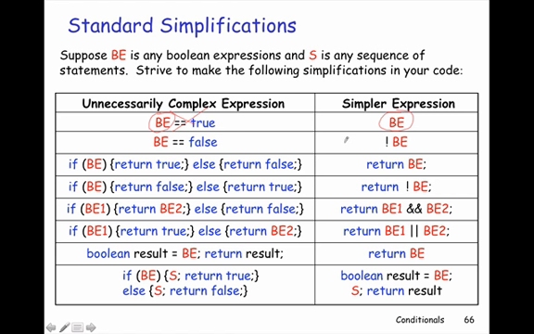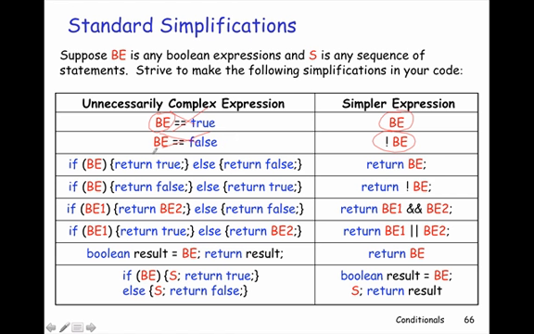Because if Boolean expression is true, then true equals true is true. And if it's false, false equals true is false. And so we could just write the same thing as writing Boolean expression. And similarly, it is never necessary to write Boolean expression and test it for false, because that's the same as saying not Boolean expression. For instance, if Boolean expression is true, true equals false is false. That's the same as not true.